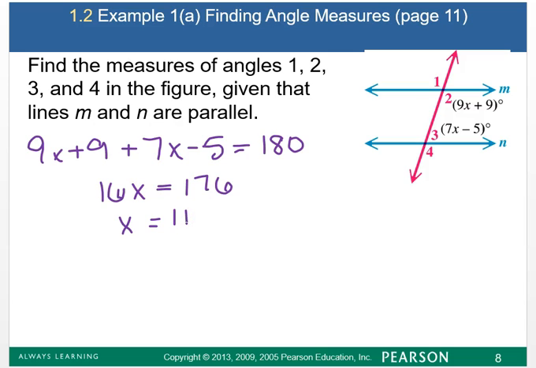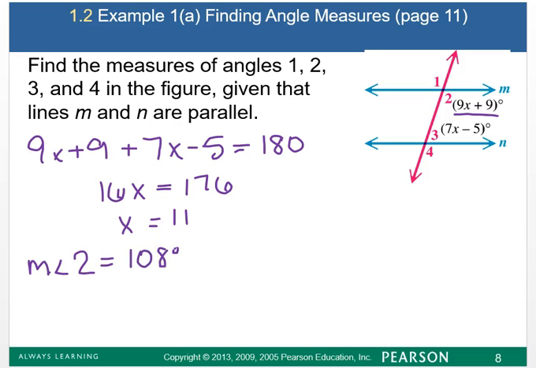Now, if we plug 11 back in to this one right here, we will find that the measurement of angle 2 is equal to 108 degrees.